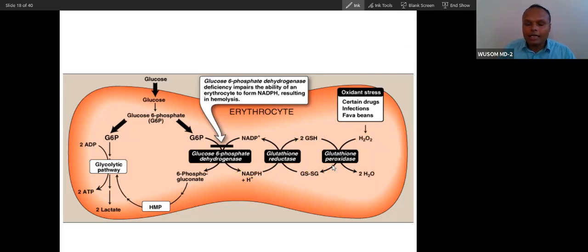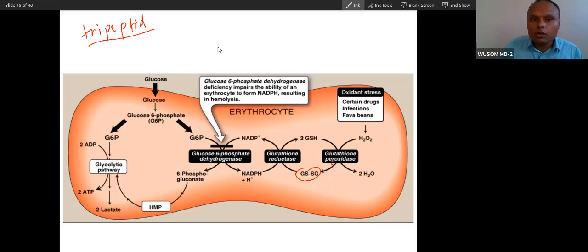Anyway, you can easily understand now. There are two enzymes. One is glutathione peroxidase, which has glutathione inside of it. You know, glutathione is a tripeptide, which means 3 amino acids are present.